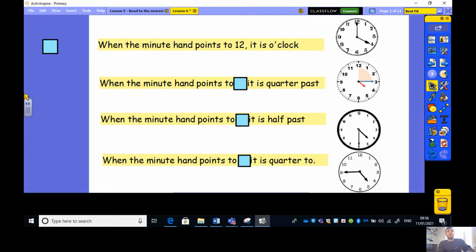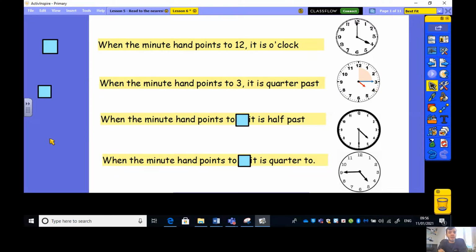Well done. When the minute hand points to the 3, it is quarter past the hour. And on this clock here, we can see the minute hand pointing directly at the 3, so it's quarter past. Where's the hour hand pointing? Well, the hour hand's between the 4 and the 5. When we're talking about past the hour, we choose the smaller hour number, quarter past 4.